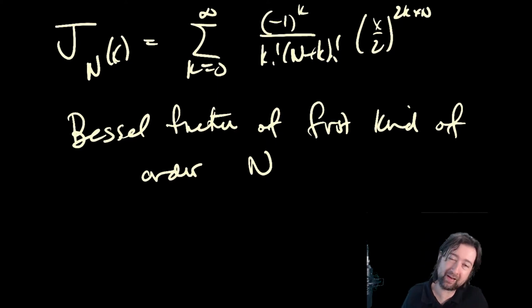But of course, if I say that a function is of the first kind, then it seems likely that probably there's a Bessel function of the second kind as well, and we'll get there. The first thing I'd like to show you is how these things get used when we are studying waves, right? Systems that involve waves. Why do the Bessel functions come up? And it would be useful to look at their graphs to take a look at what these Bessel functions of the first kind even look like.